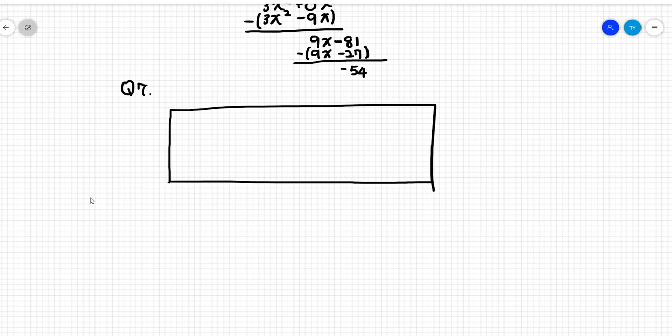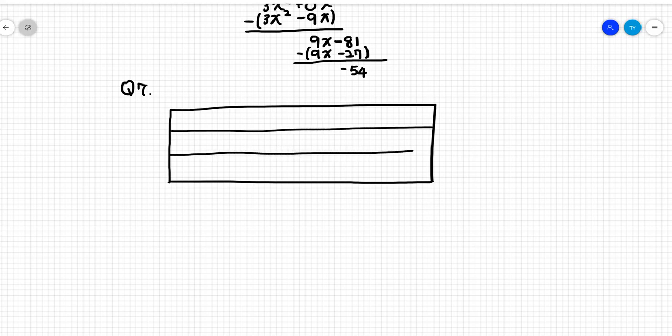So in this case, let me just put boxes here. Then I have the upstream, then I have the downstream.